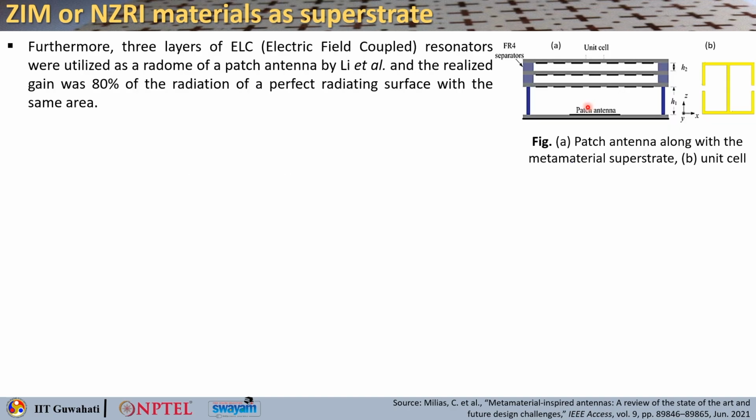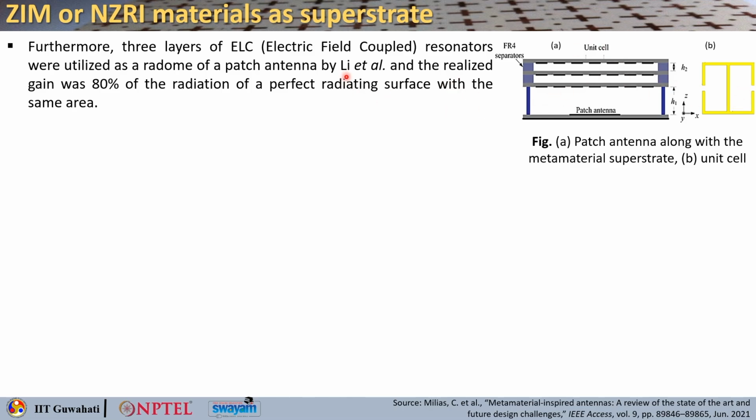This is another structure where you have an FR4 separator and then 3 layers of ELC, that is electric field coupled resonators. These resonators were utilized as a radome for the patch antenna. This is where the patch antenna is lying, and this is the unit cell of the design, or the resonator.